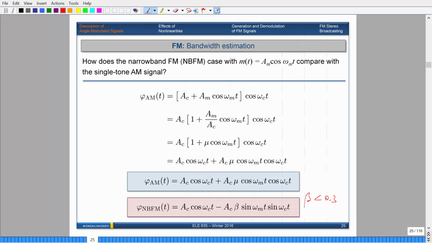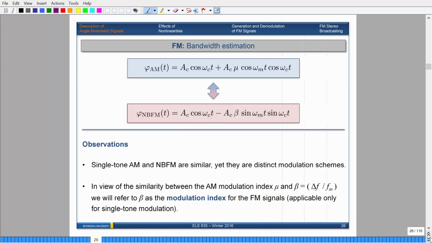One of them has a product of 2 cosines, and the other has a product of 2 sines. One of them has a plus and the other has a minus. You also see the modulation indices for each, and instead of cosines, you have sines. So they're actually quite similar, but what is generated is quite different in terms of what is seen in the output.